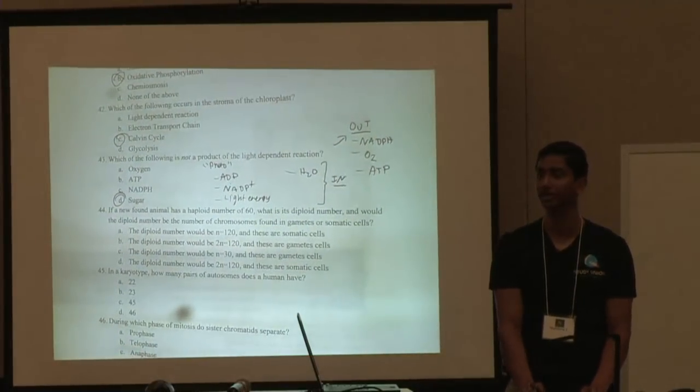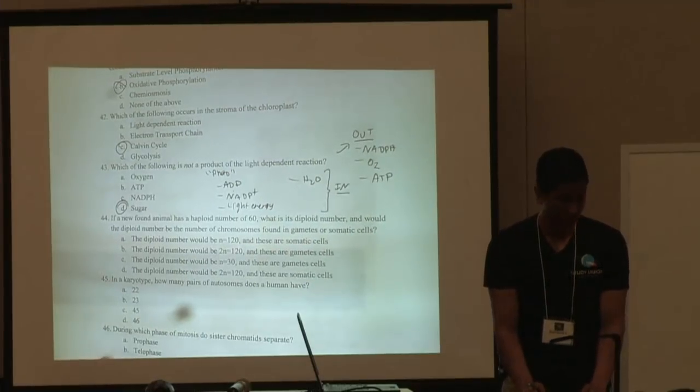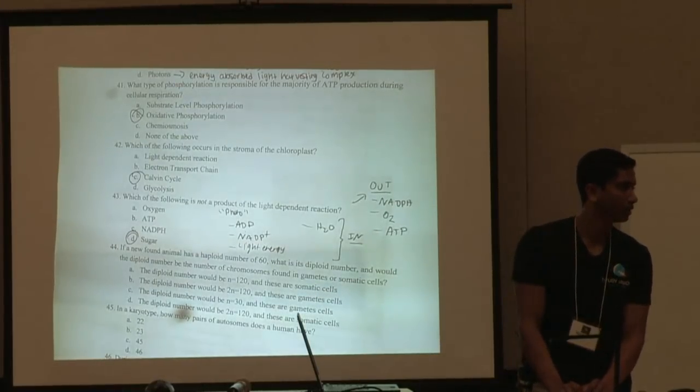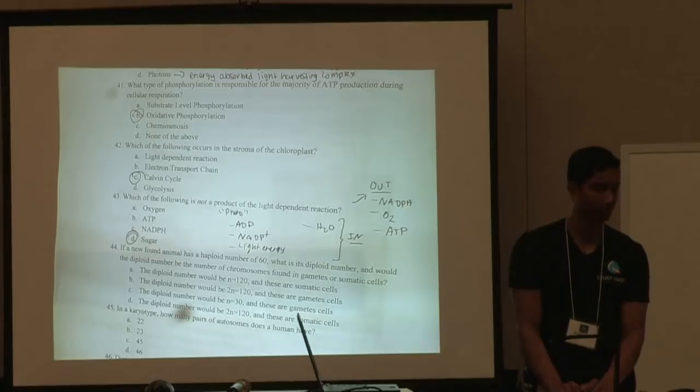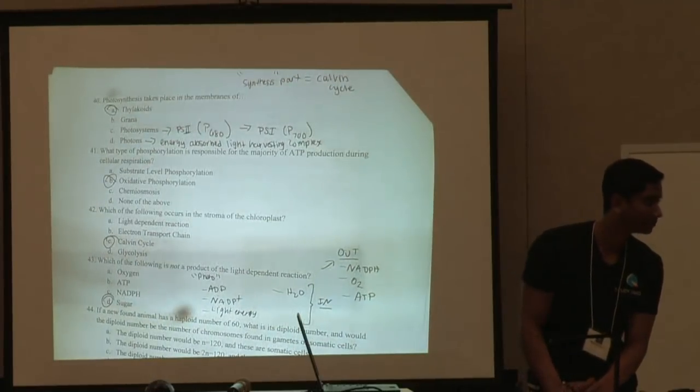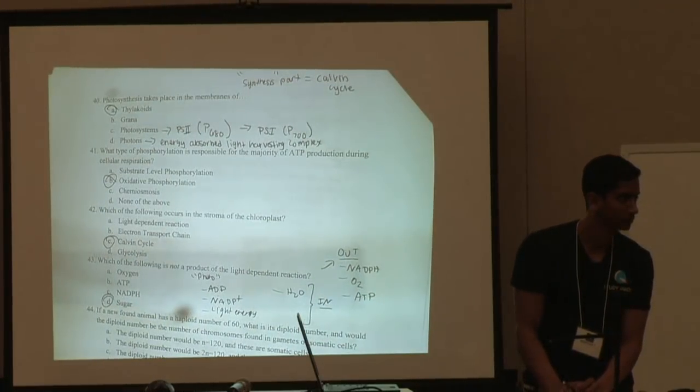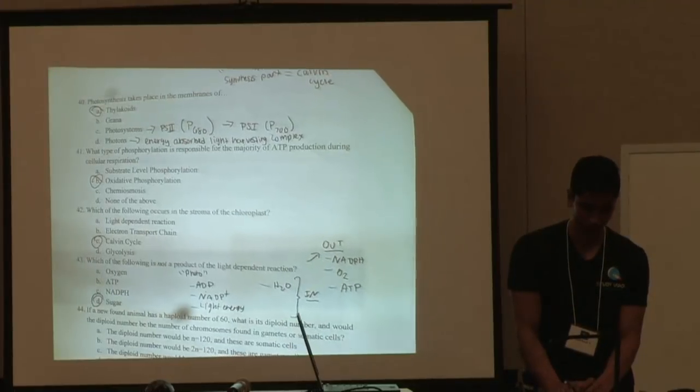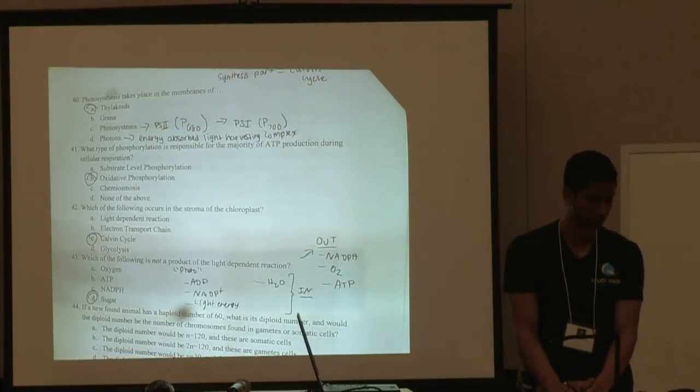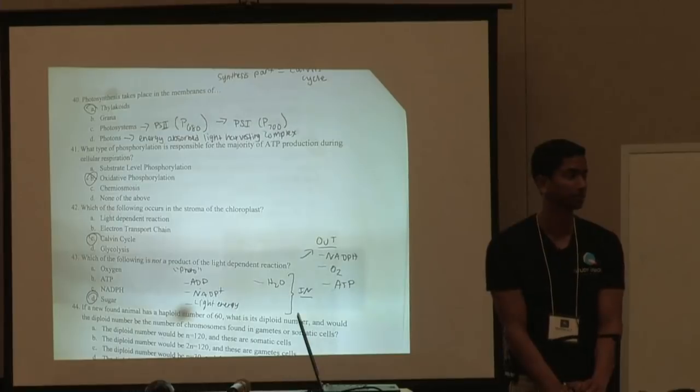Any specific questions yet? No? Why is it CO2 that goes into the light-dependent reaction? Is it because it goes into the Calvin cycle? It goes into the Calvin cycle. Yeah.